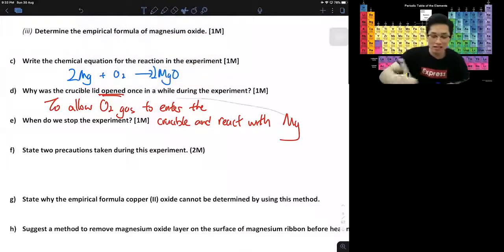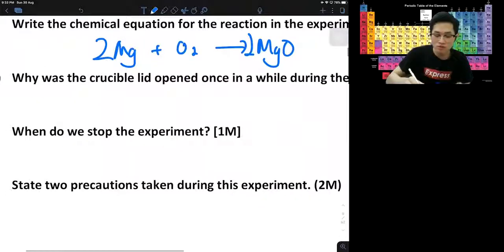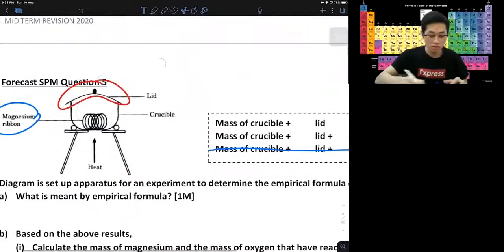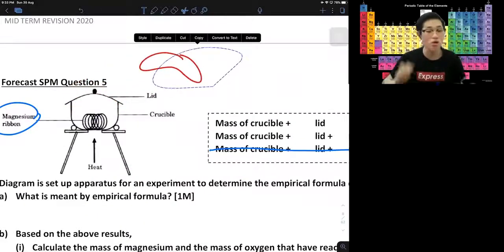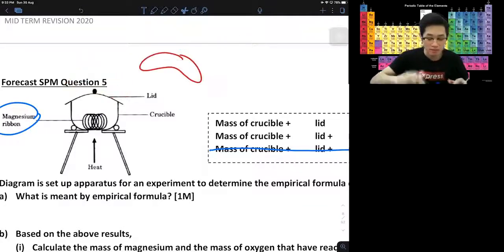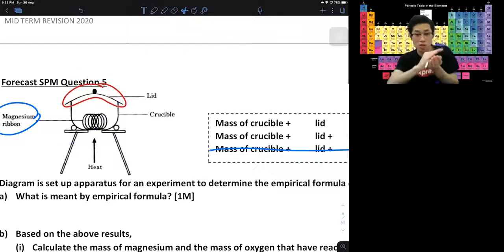You open it to allow oxygen gas to go in, but then you also have to remember, they will also ask you the other way around: why do you have to close it? You don't just let the lid open like that. After you open it, you close it back. Open, close.